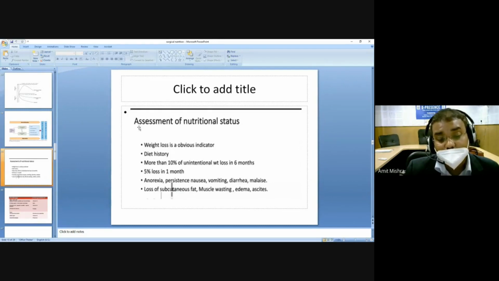So preoperative evaluation is important in these patients to reduce surgical complications, and that starts with the assessment of the nutritional status.